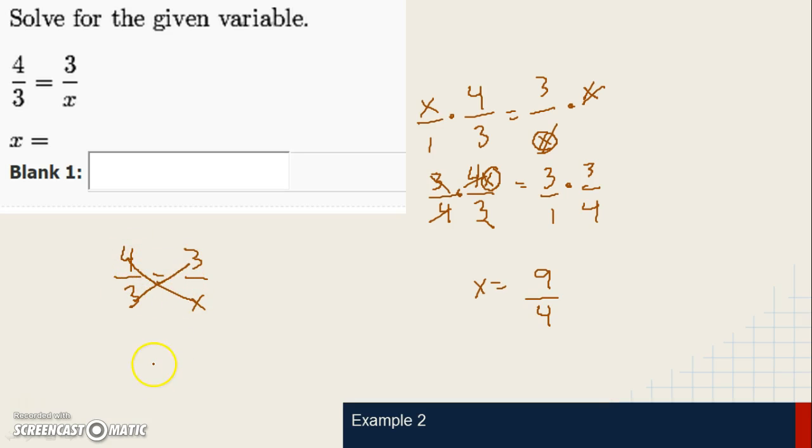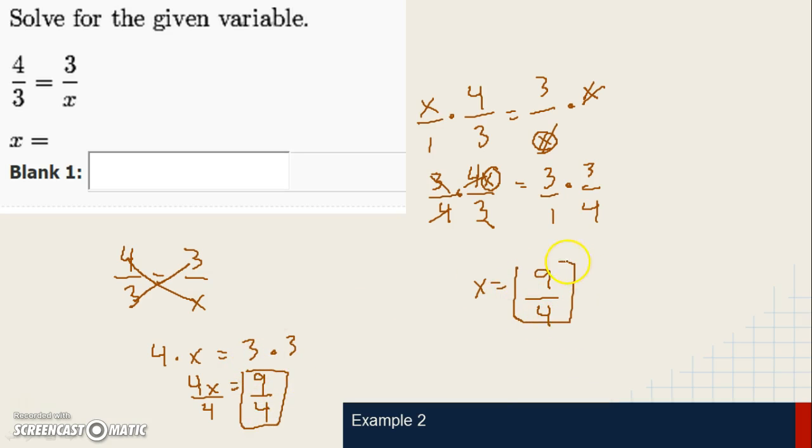So 4 times x equals 3 times 3, and I can simplify that to 4x equals 9, and then I just use inverse operations here to eliminate the 4, and I'm getting the same exact answer that I did when I solved it using inverse operations. And you're going to get a lot of fractions on these problems, so don't be alarmed. And I just type it in like this.